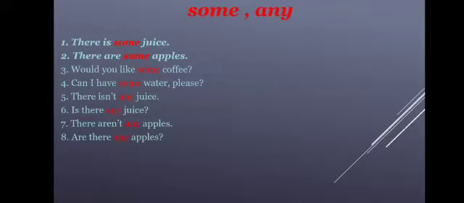In which sentences? In negative, there isn't any juice. Is there any juice? And in questions, there aren't any apples. Are there any apples? So we can use any in negative sentences and questions before the uncountable and plural noun.